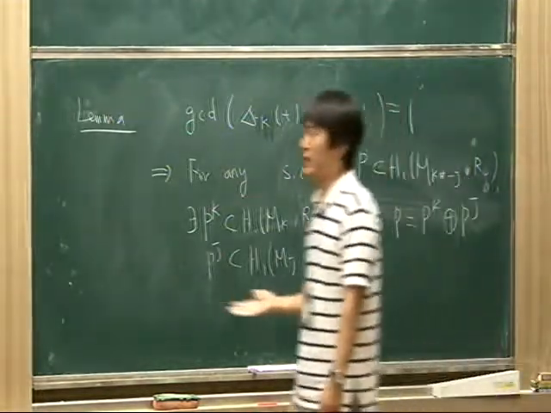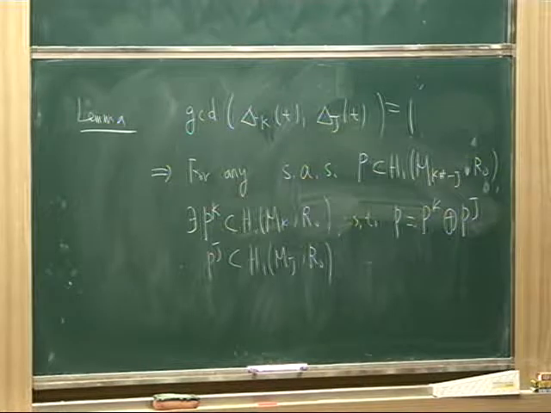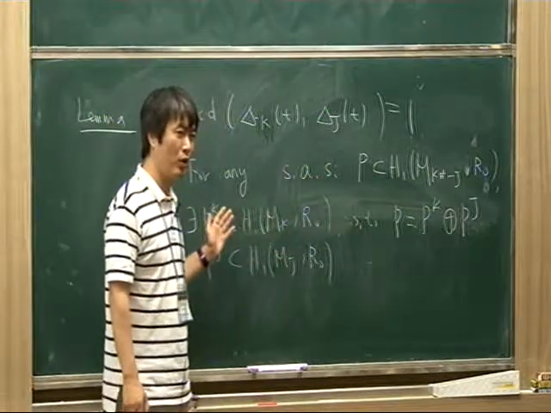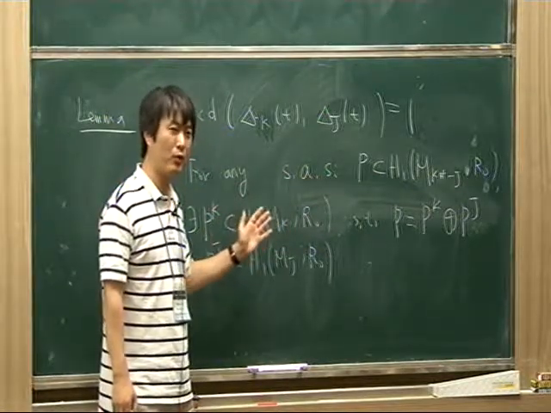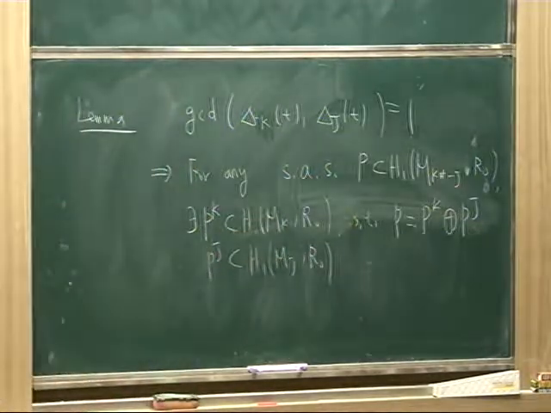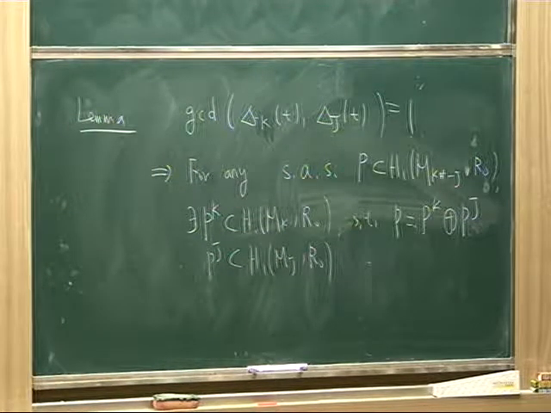So I'm generalizing that condition to the higher order cases. This means that whenever you have a self-annihilating module for the higher order Alexander module of the connected sum, then that can be decomposed as a direct sum of self-annihilating modules of higher order Alexander modules for those two knots. Then, why am I not using so-called higher order Alexander polynomials?